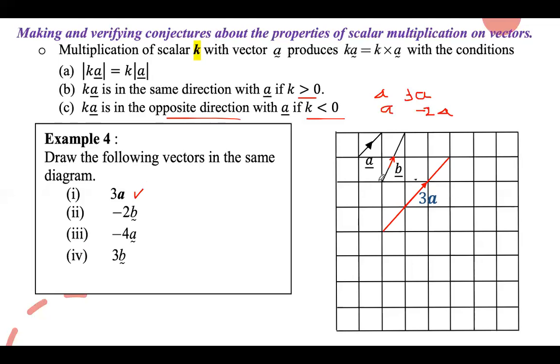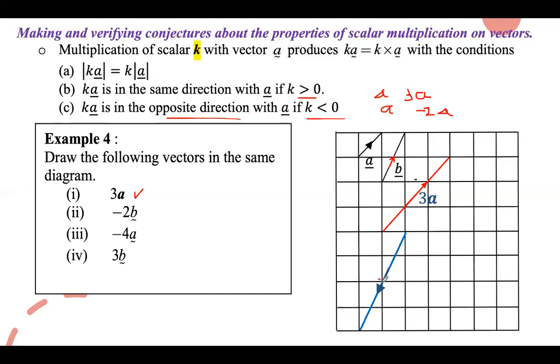Number 2 is negative 2B. Negative 2B is double B, but in the opposite direction, so it will be like this. It's going down instead of going up. B is going up, but now negative 2B is going downward.